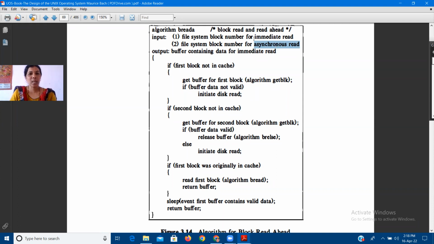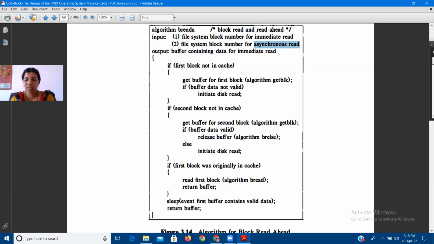So two inputs we are providing, that is address of the first block of that file and address of the second block. Instead of calling it as a second block, we'll call it as a next block, because once first block reading will be over, we are going to the second block reading. So second block reading will be treated as an immediate read, third block reading will be treated as an asynchronous read.